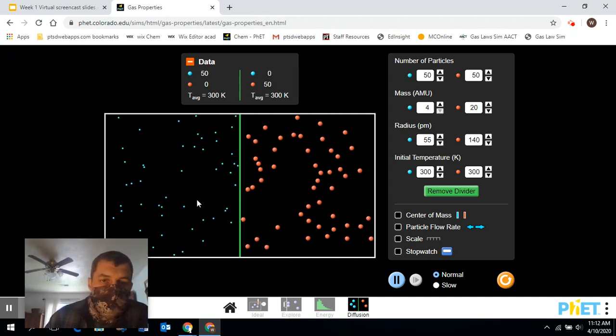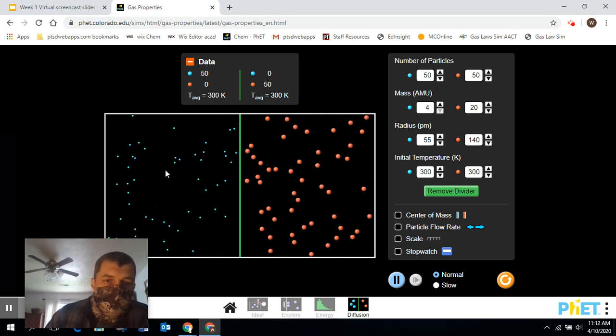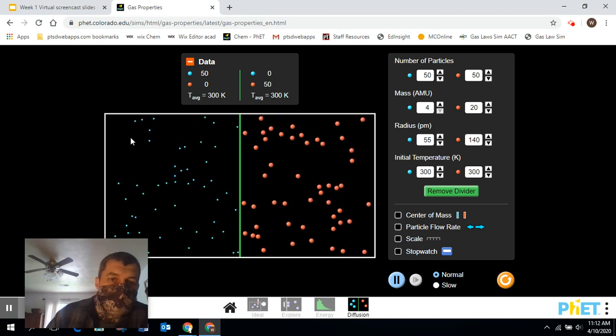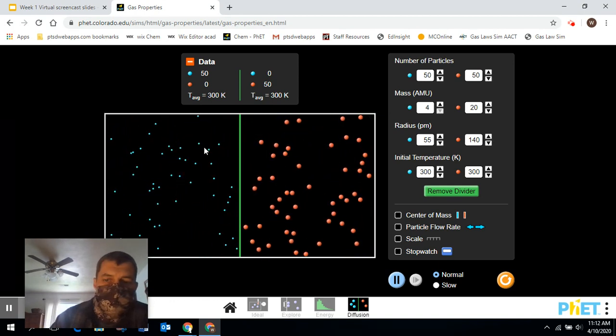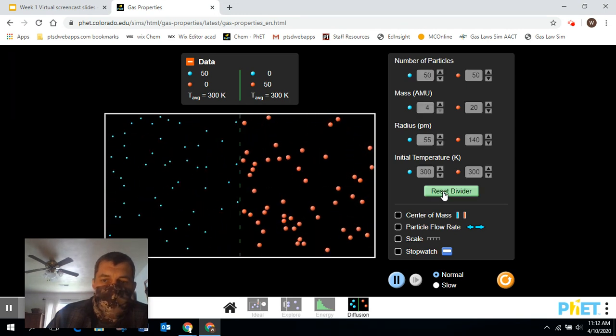Diffusion, how fast something diffuses, is inverse to the size of the particle. So the lighter particle should spread out faster. So let's open this up and let's watch that happen.